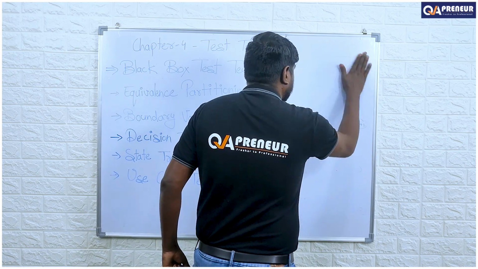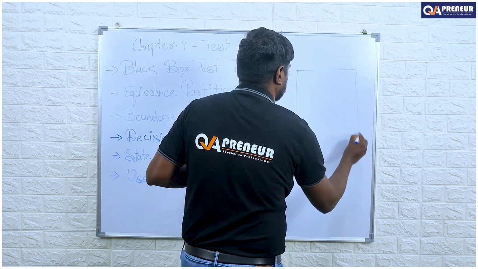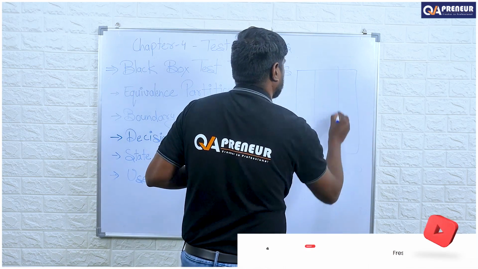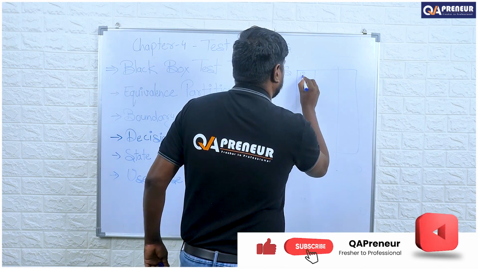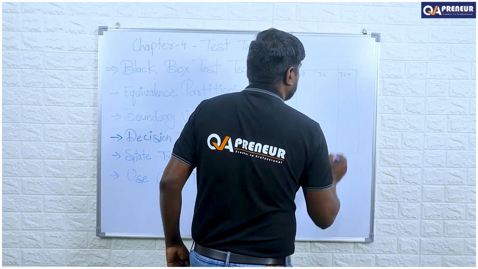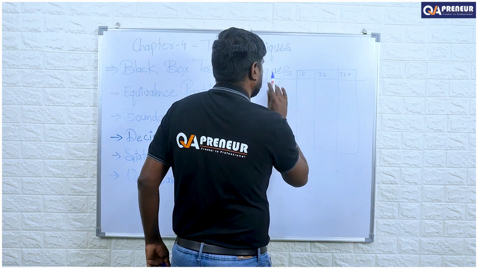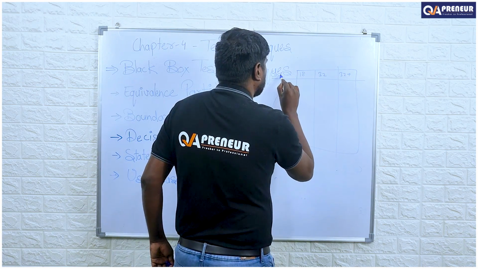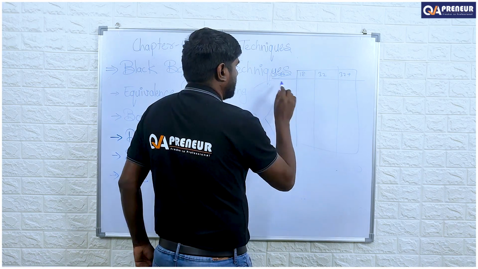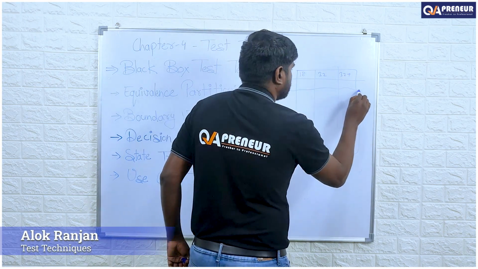For understanding these things, we are creating a table with age ranges (18, 32, 32 plus). There is a category column. Let's say a sports person.